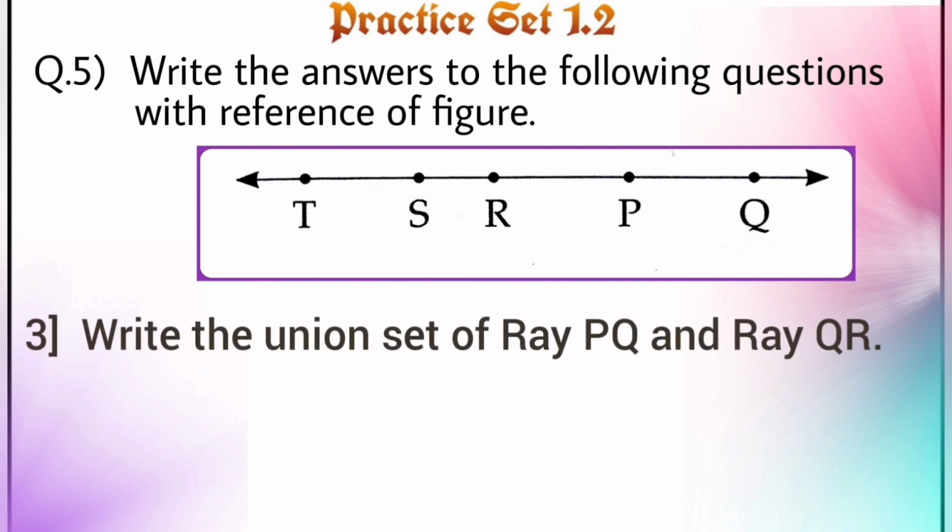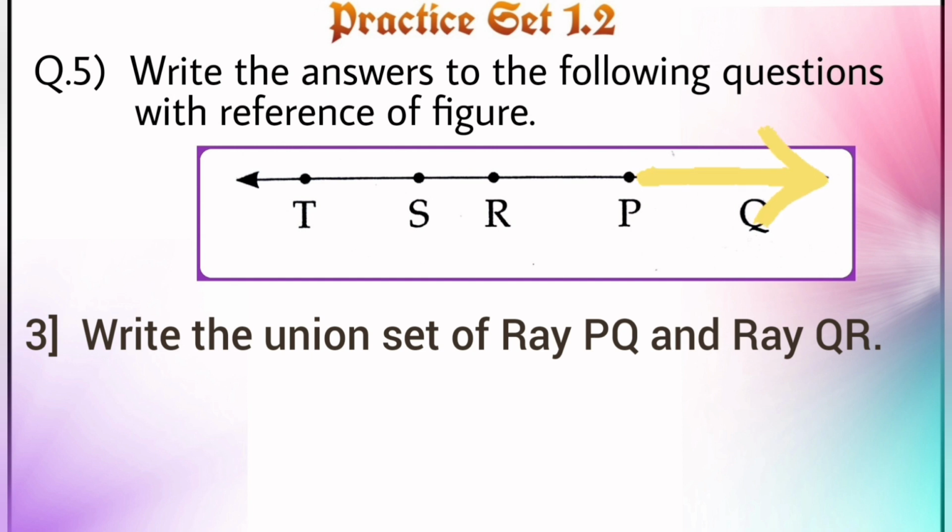Third one: write the union set of ray PQ and ray QR. Here we have to find the union set, which means we write all the elements of PQ and QR. First let's see what the points of ray PQ and QR are.